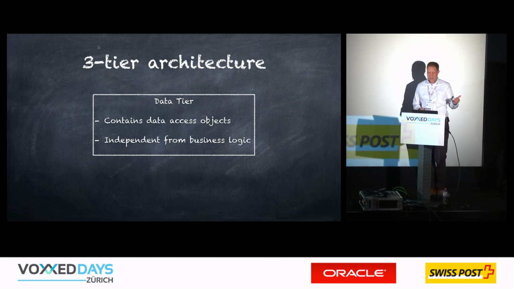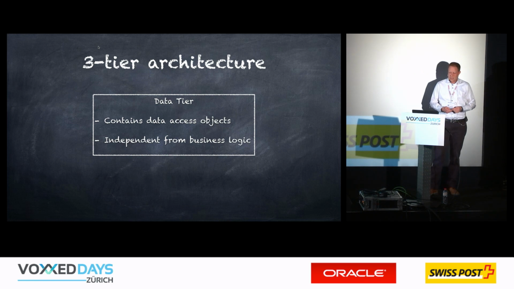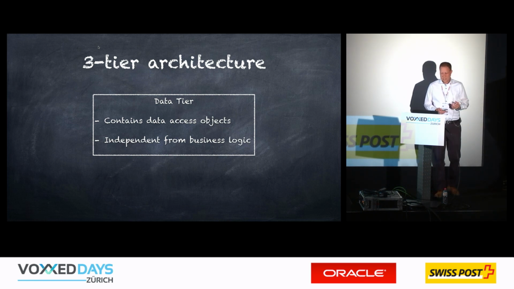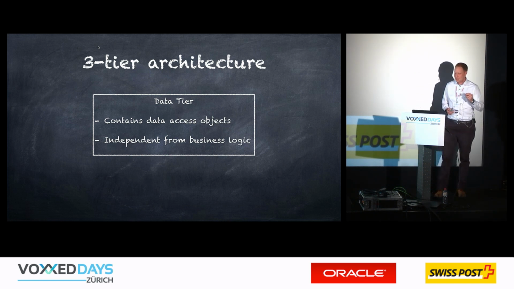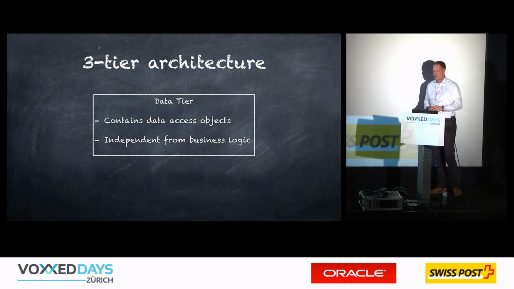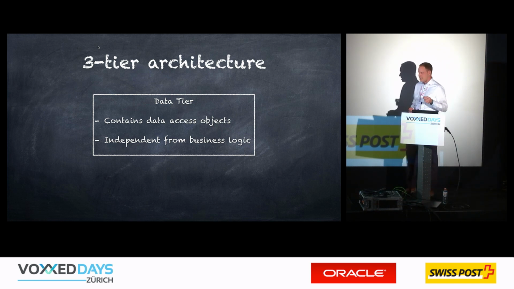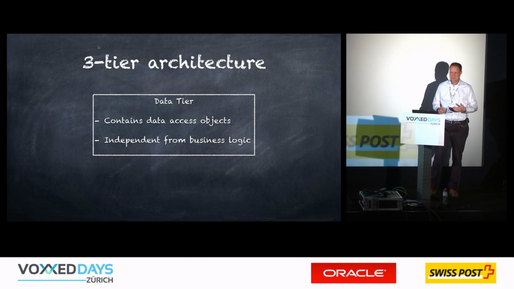And the last layer is the data tier, and it contains the data access objects. And if you read on Wikipedia the definition of the 3-tier architecture, it's explicitly stated that in this layer you shouldn't have any domain logic. Okay, so it's really just objects that contain data, no domain logic at all.